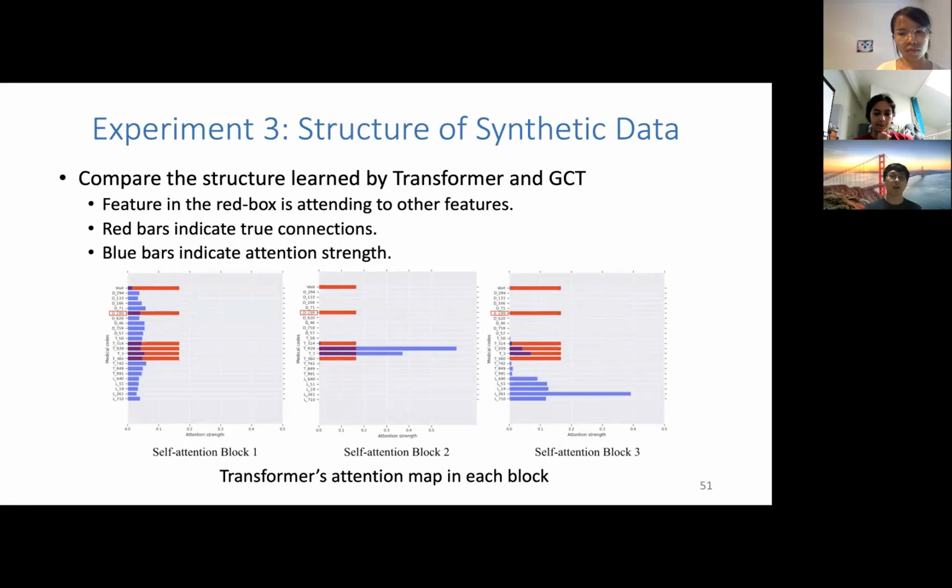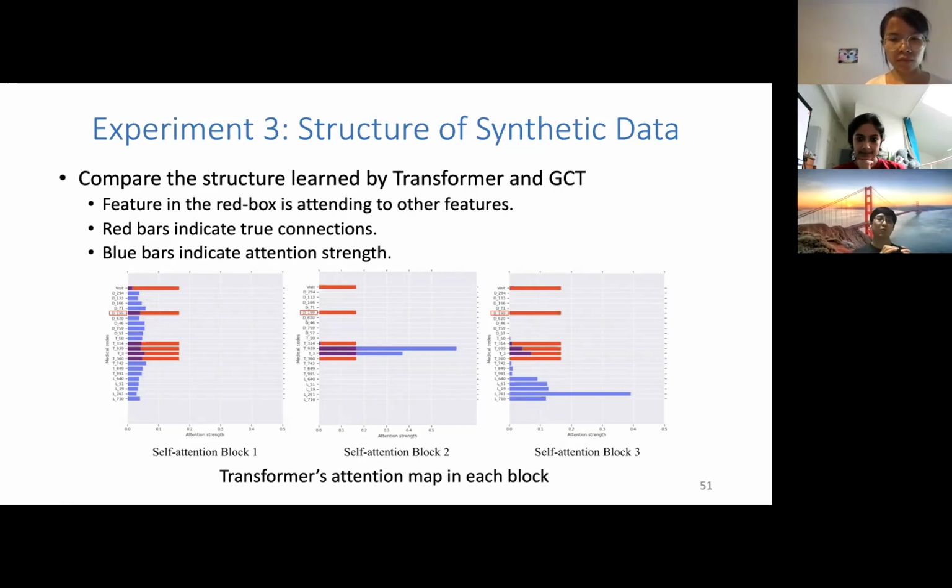If you look at transformer self-attention blocks 1 to 3, we're using three-layer transformers. Naturally, the transformer starts with a uniform attention distribution, because in the first layer, the transformer doesn't know which codes are available, so it needs to just look at all the codes at the same time. In the second layer, the transformer starts to attend to relevant, important codes.